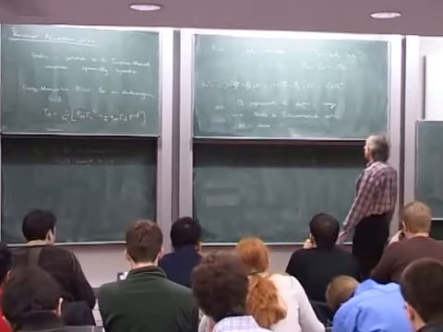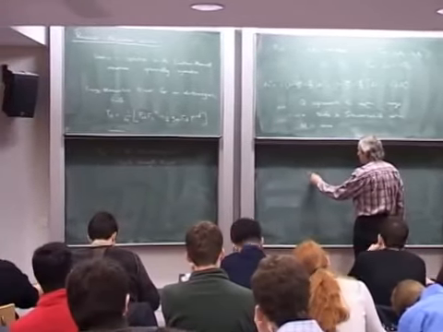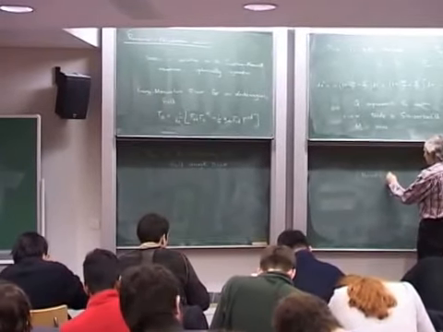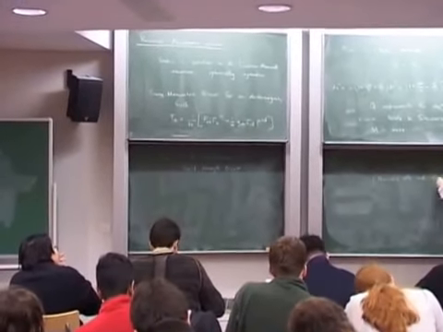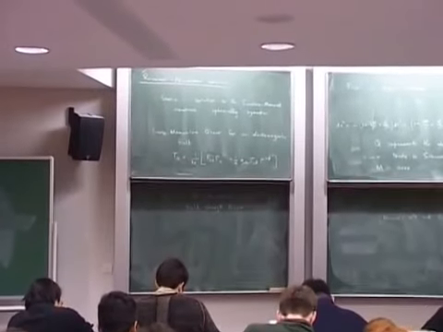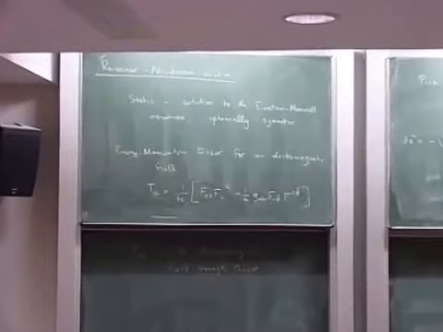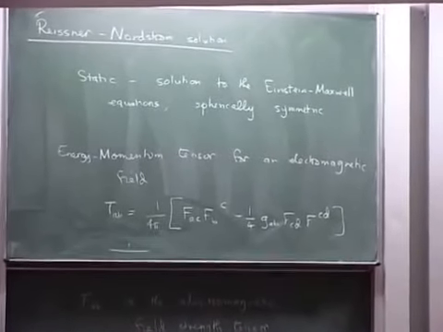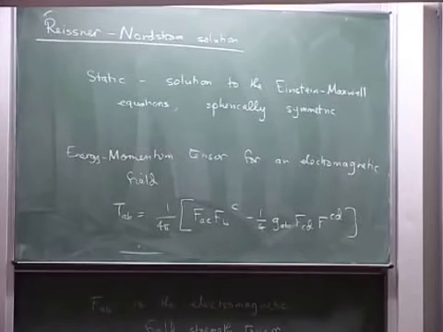So Maxwell's equations also break down at r equals 0, and the Einstein equations break down. But that's not very much different to what happens in the Schwarzschild metric.